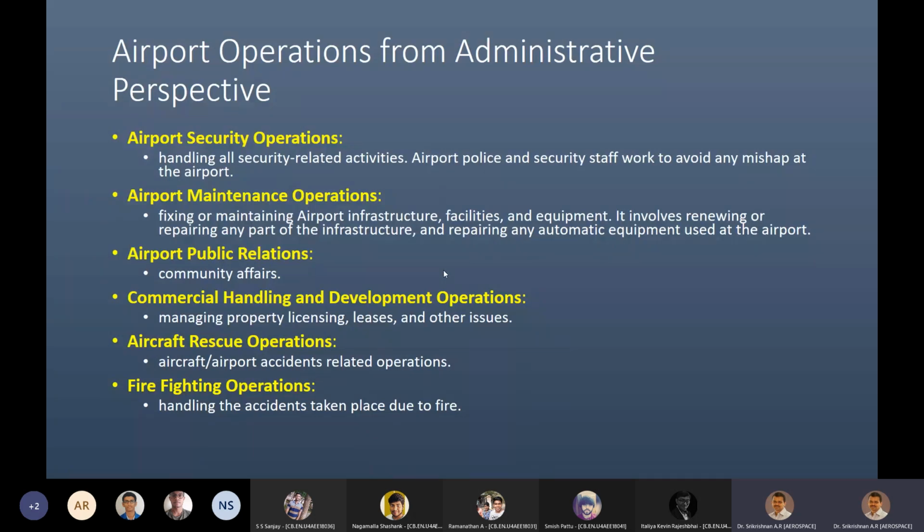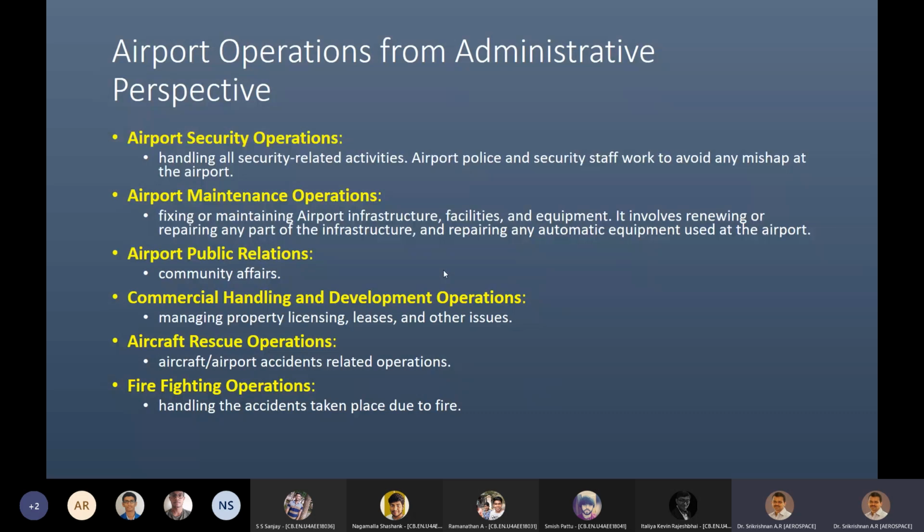Similarly, public relations, that is addressing public grievance, particularly in the event of expansion, as we have discussed yesterday, addressing the concerns of the communities, and also on a day-to-day basis, addressing the concerns of passengers and other users of the airport.